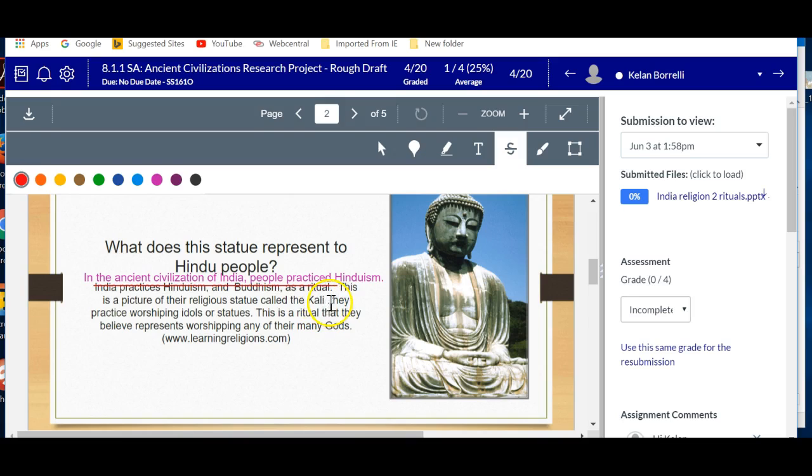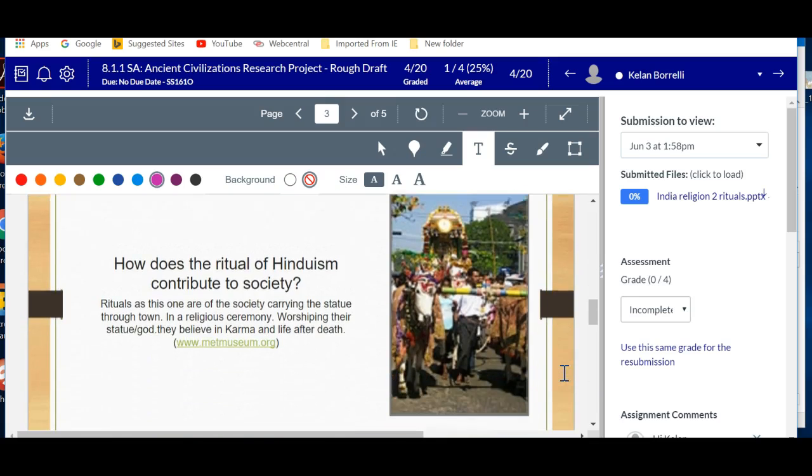Make sure that you double space and start the word they with a capital T. So they practice worshiping idols or statues, and this is a ritual that they believe represents worshiping any of their many gods. Okay, we're going to go to the next slide.